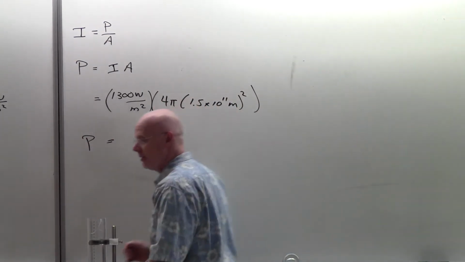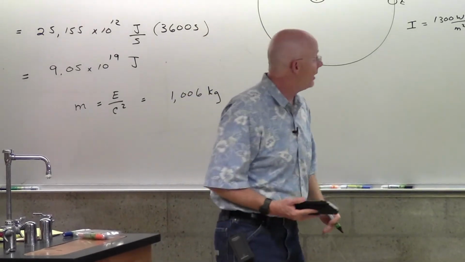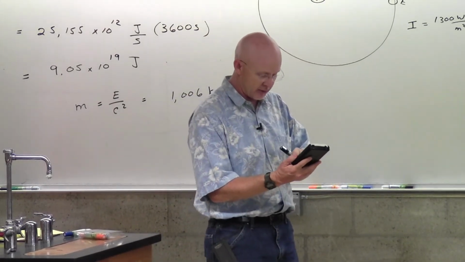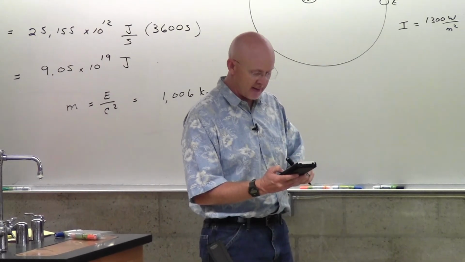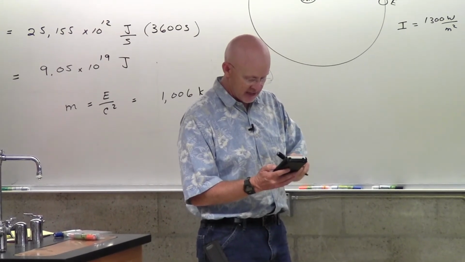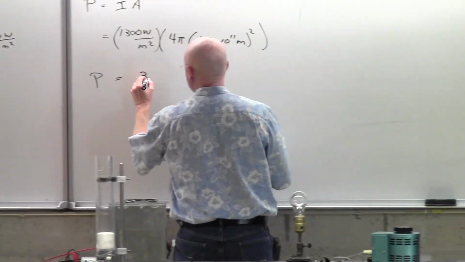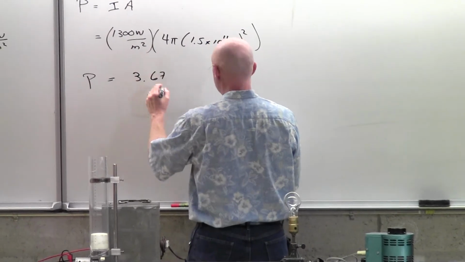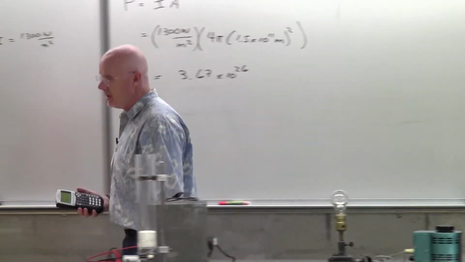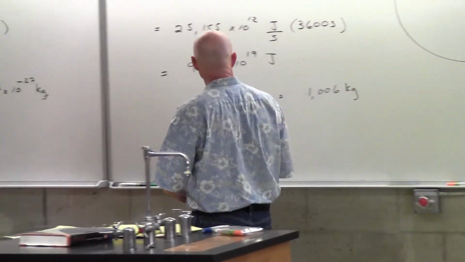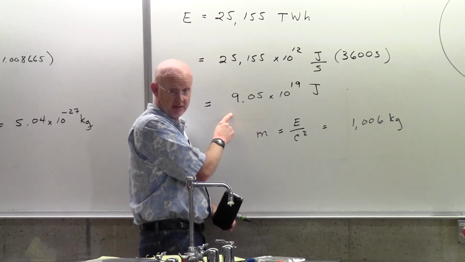And so here's a rough calculation of how much power is coming from our sun. So 1,300 at the earth, times 4, times pi, times 1.5 times 10 to the 11th squared. And so the energy coming from the sun is, that's per second.